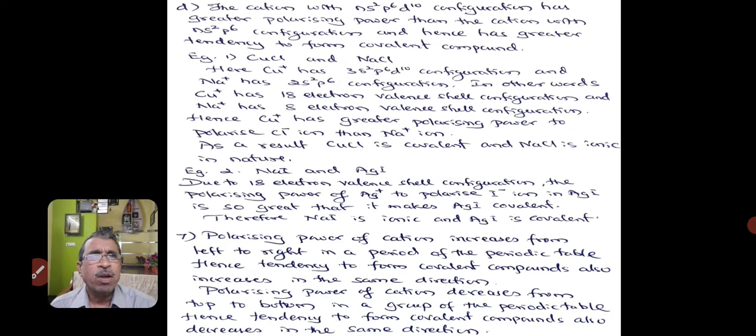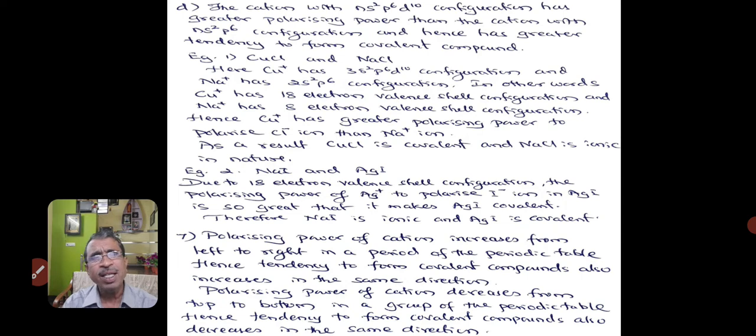In case of cuprous chloride, the cuprous ion has the configuration 3s2, 3p6, 3d10 and the Cu+ has 18 electrons in the valence shell and sodium ion has 8 electrons in the valence shell configuration. Hence, Cu+ has greater polarizing power to polarize chloride ion than the sodium ion. As a result, cuprous chloride is covalent in nature and sodium chloride is ionic in nature.